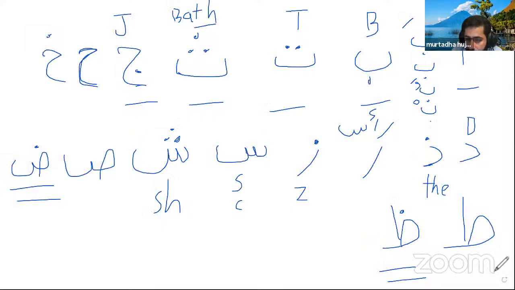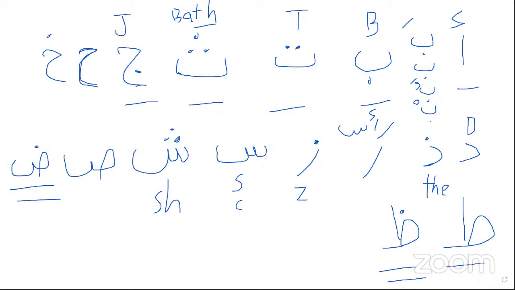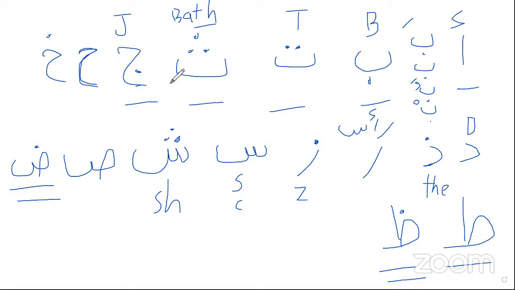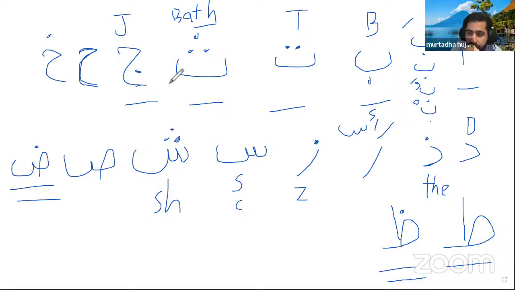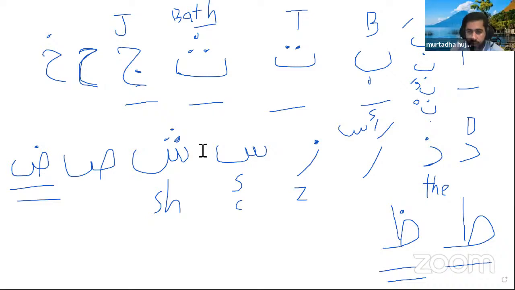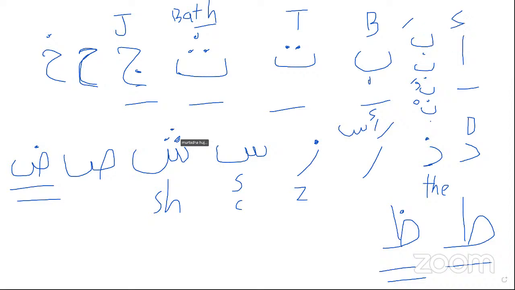Now let's go back to the letter before. Ta. Can you pronounce it, Wang Laoshe? Ta. Very good. Excellent. We can find it in the word for doctor in proper Arabic, which is tabib.